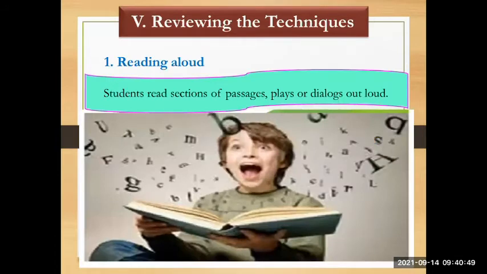We are moving to the techniques. I think I am in charge of techniques number 1, 2, 3, and 4. So the first one is reading aloud. Students read sections of passages, plays, or dialogues out loud. Students can also take turns reading.